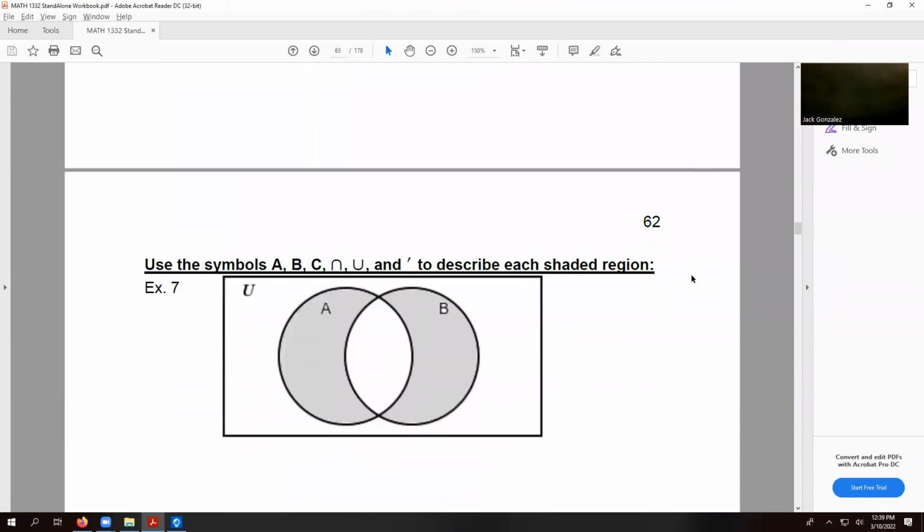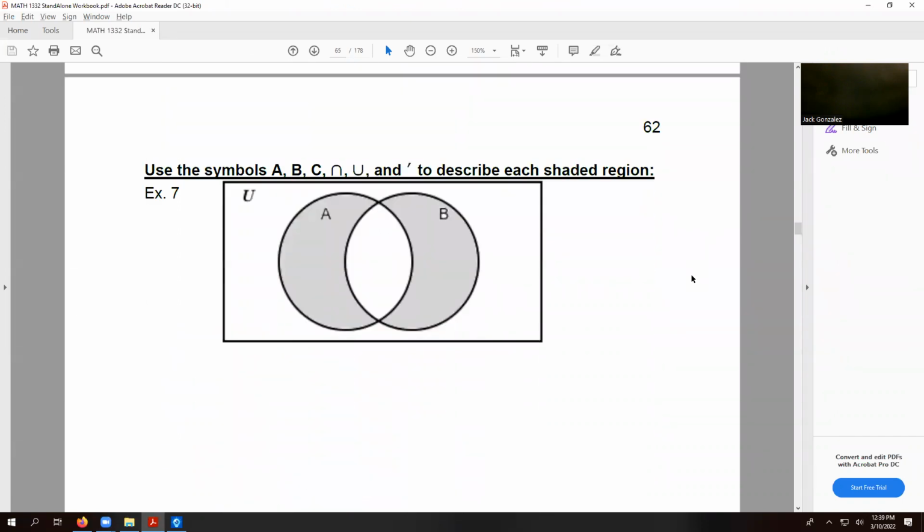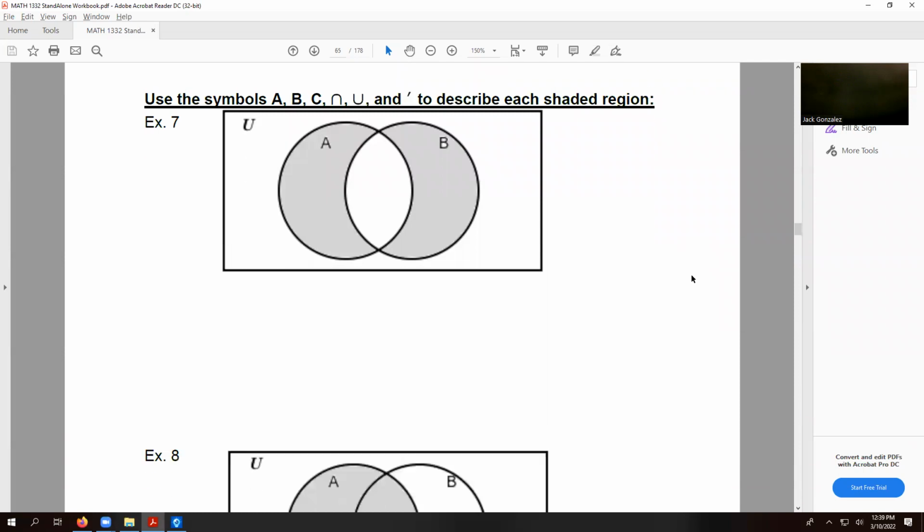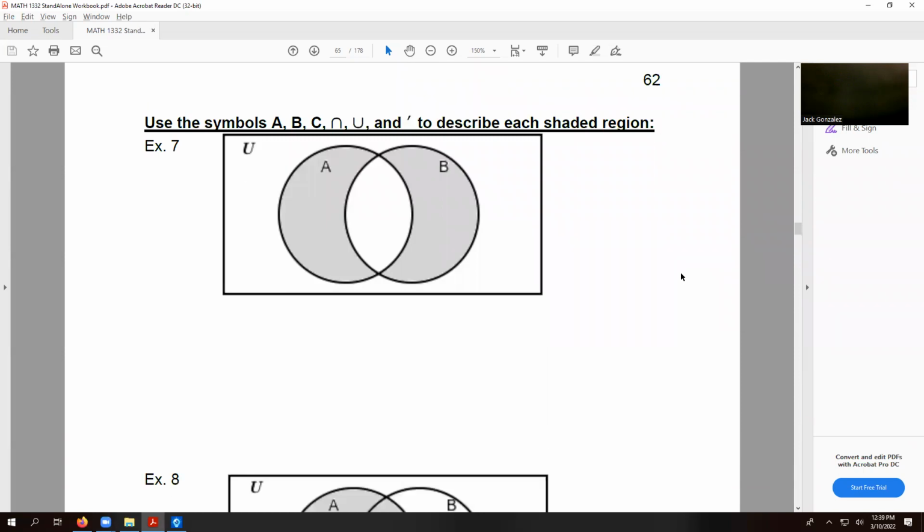I'm going to skip 5 and 6. Let's go to 7. Number 7 says, use the symbols to describe the shaded region. Basically, you see the picture and you write the symbols.